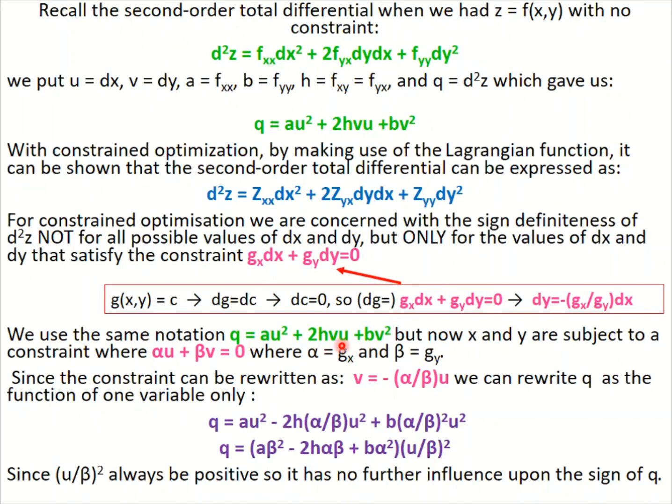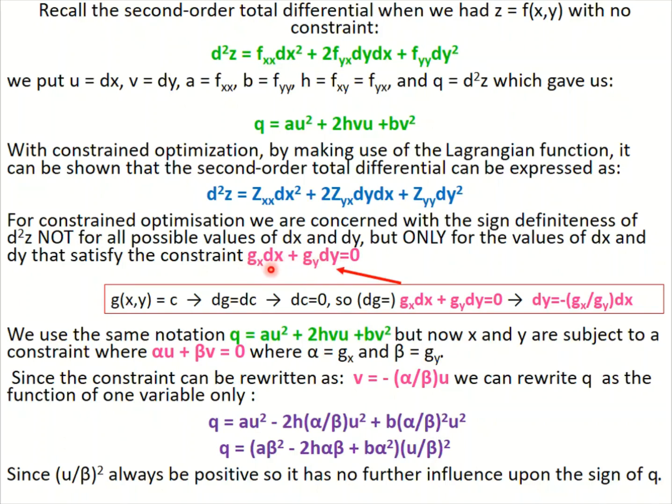But things are different, remember, because we now have our constraint to work with, and we know that x and y are subject to a constraint. And looking at our constraint here, we can also change the way that we express it.